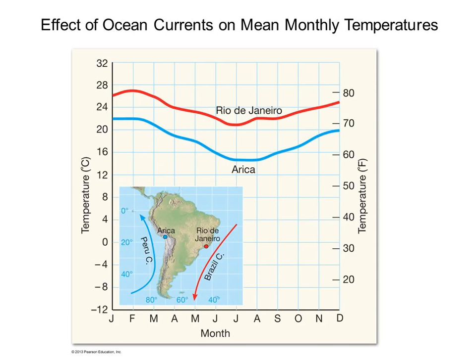So here they have cold ocean currents, and they have warm ocean currents here. Did I do that upside down? I was doing that upside down. So South America, their west coast, it's coming from down here.